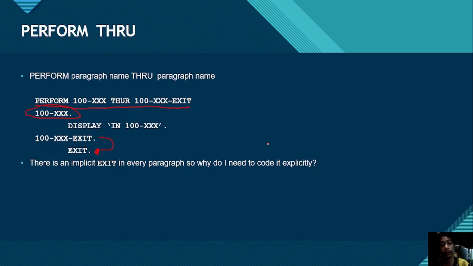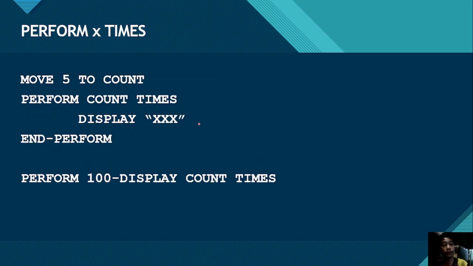It would have less code, so you won't repeat yourself. So perform x times: move 5 to count, then perform count times, display XXX. So perform 100-display count times, meaning if we display this, it would display 5 times.